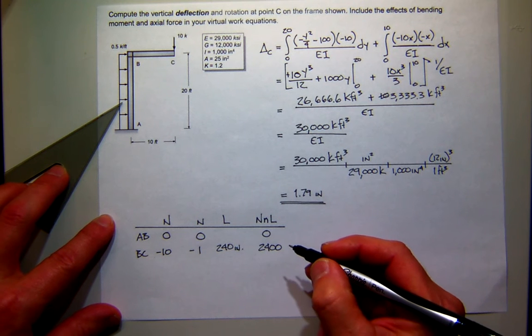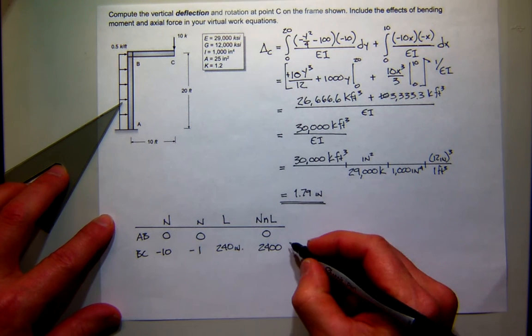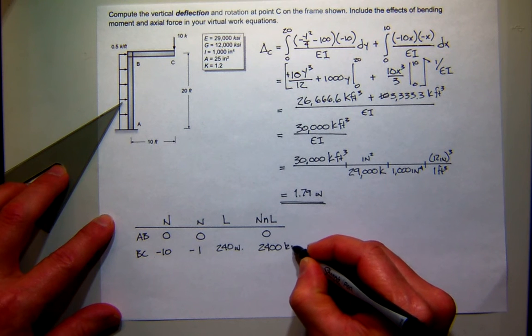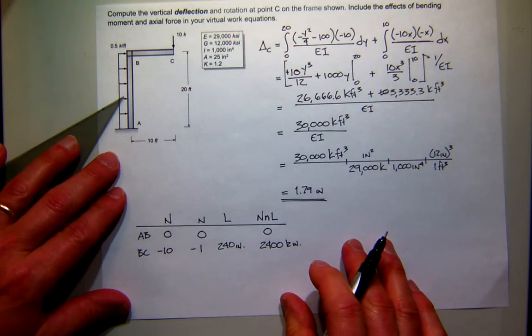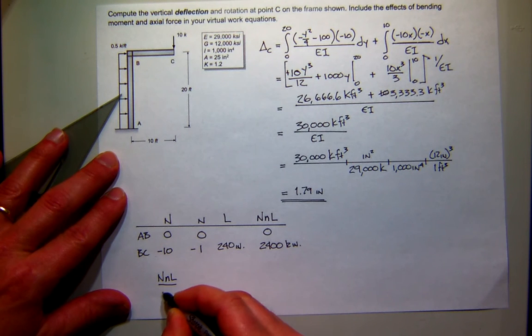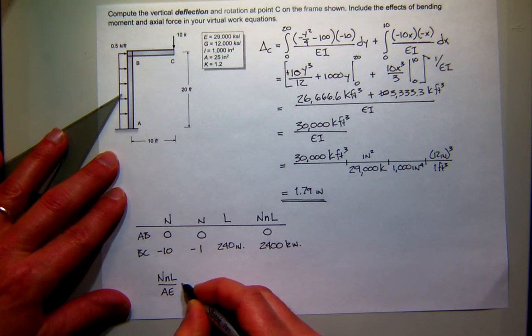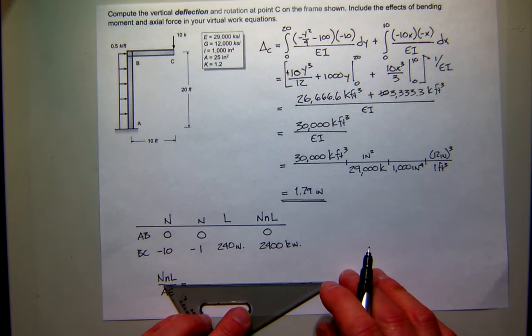And that should be kip inches. Now remember, the contribution is actually n, little n, length over AE. So we need to add that to the list.